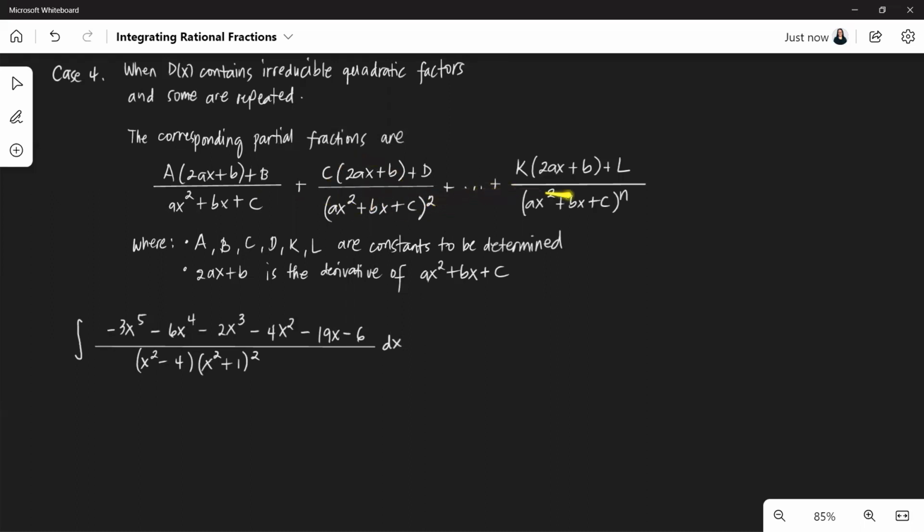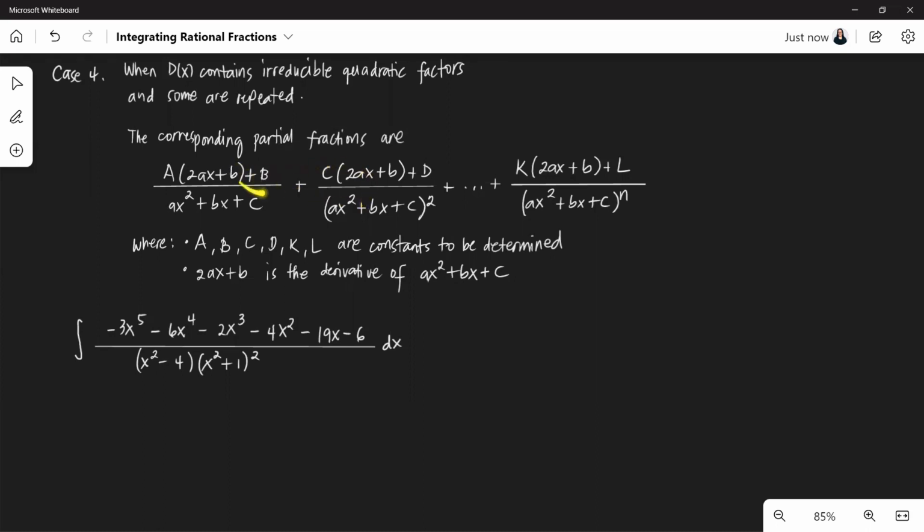2 until the last value of n. Okay, for example, if the quadratic factor is raised to the power of 3, then you stop at 3 for the third partial fraction. Similar to case 3, you need to multiply the first constant with the derivative of the irreducible quadratic factor, then add a constant term.